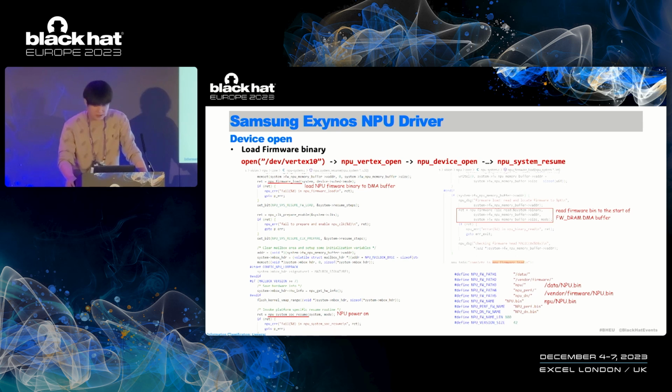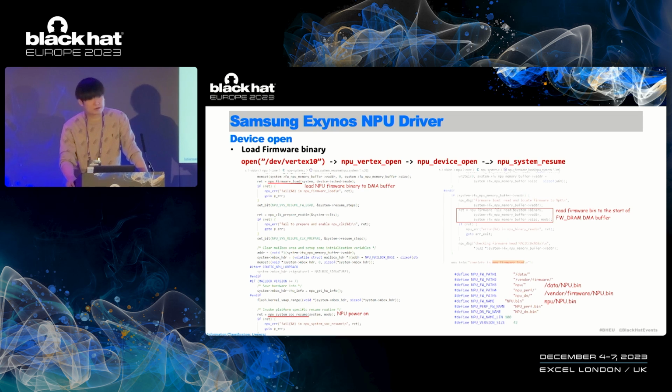Okay, the previous processes we talked about are all finished during the Android system booting period. Now let's take a look at the device opening process. When the user opens the vertex10 device, the kernel will first load the NPU firmware image to the DMA buffer. The firmware image is located in 3 possible locations or dumped from the Android boot image.